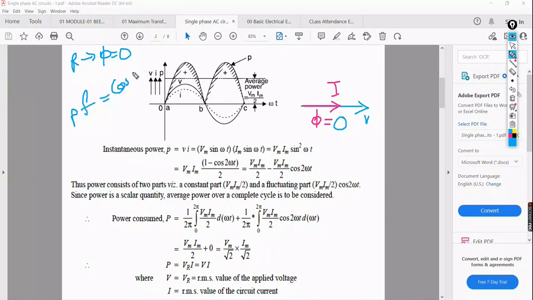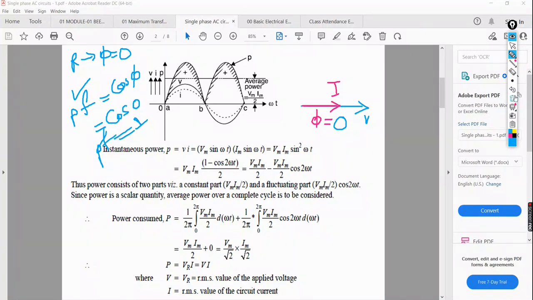The cosine of the angle between voltage and current is itself called power factor. Cos 0 value is how much? 1. Got my point? This is the PF. In case of pure resistance, the power factor is equal to unity.